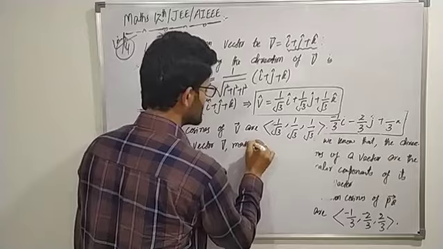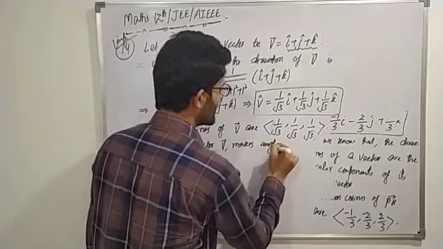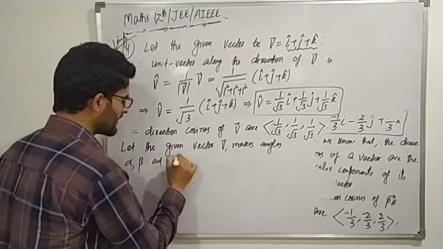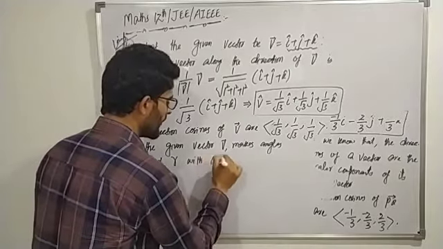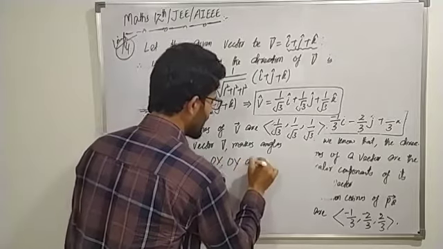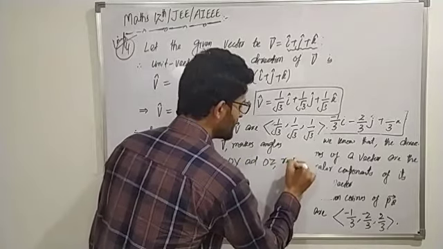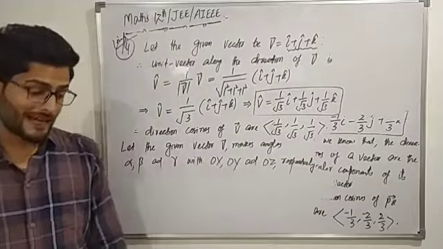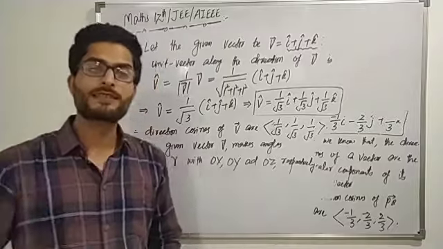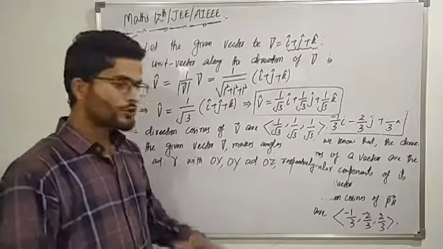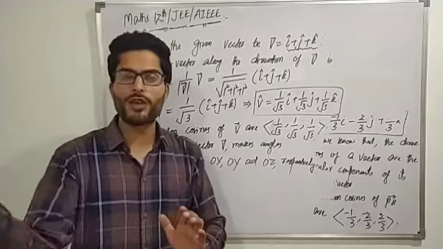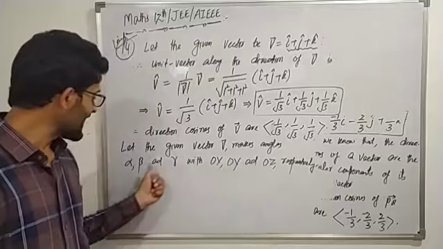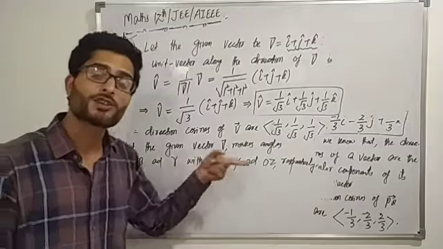Let the given vector v makes angles alpha, beta and gamma with ox, oy and oz respectively. ox, oy and oz जो है that are actually the positive directions of x axis, y axis and z axis. और जो एंगल्स एक वेक्टर बनाएगा विद पॉजिटिव डायरेक्शंस ऑफ x axis, y axis and z axis, व्हाट आर दे? डायरेक्शन एंगल्स. तो यहां पे जो अल्फा, बीटा एंड गामा है ये बन गए डायरेक्शन एंगल्स.